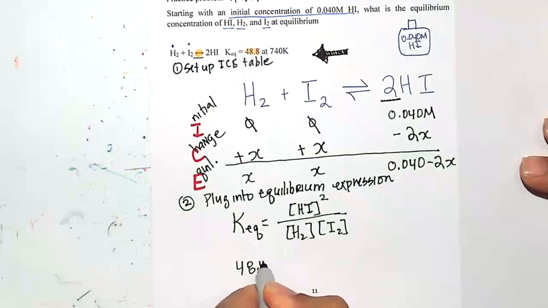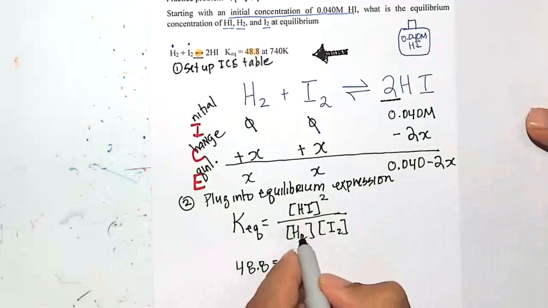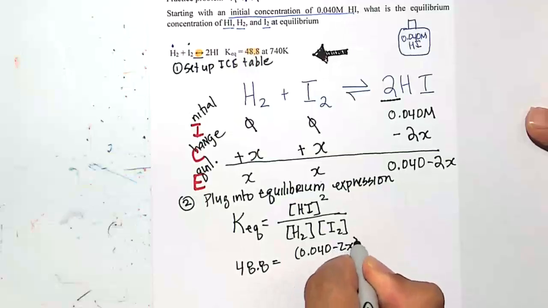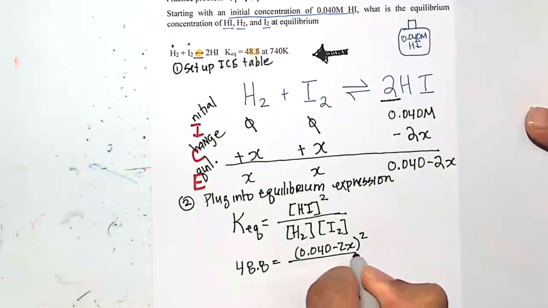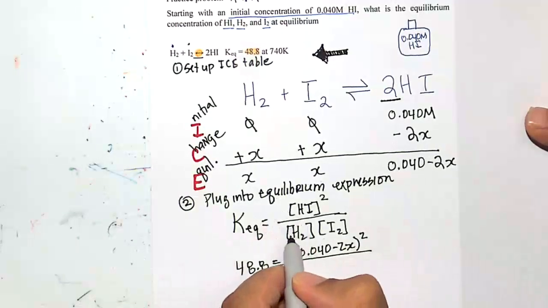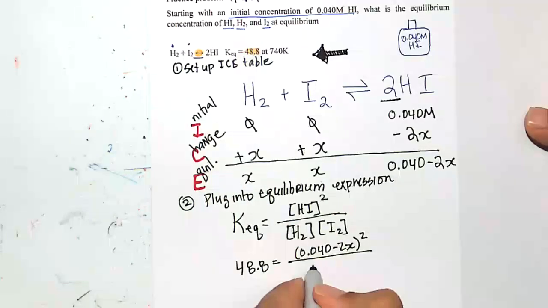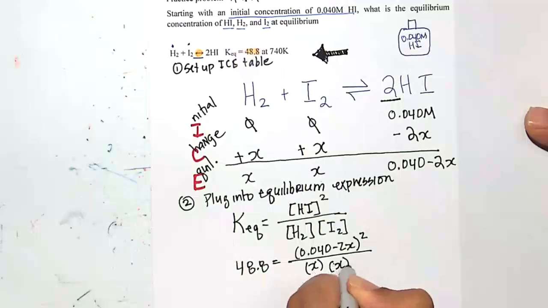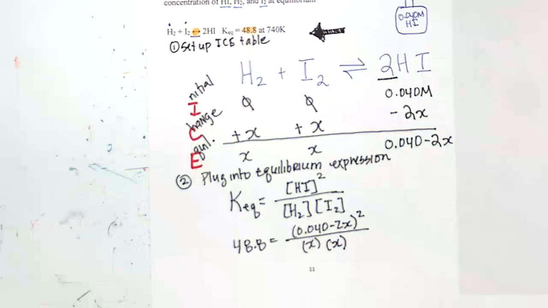All right, so let's plug in: 48.8 equals (0.040 minus 2x) whole squared, divided by, what's the equilibrium of H2? x. What's the equilibrium of I2? x.